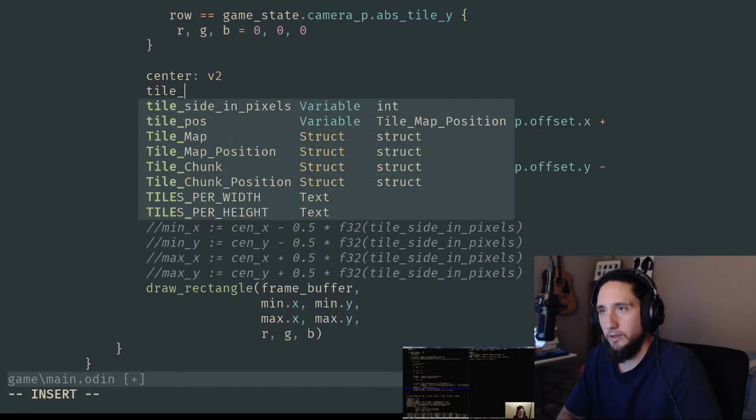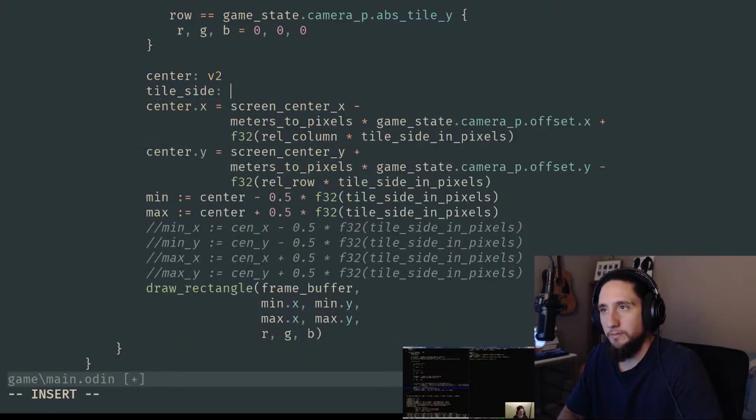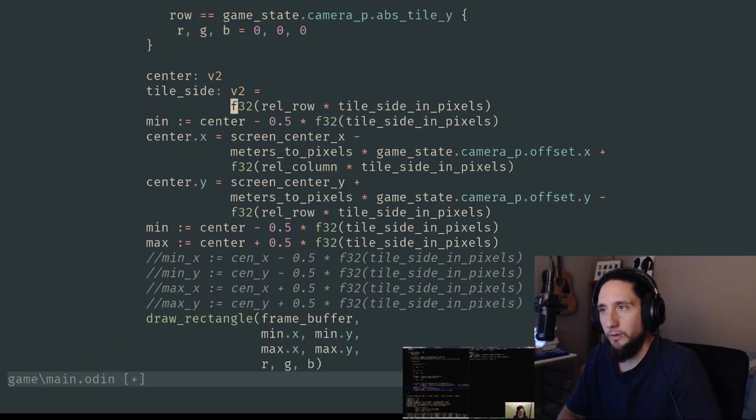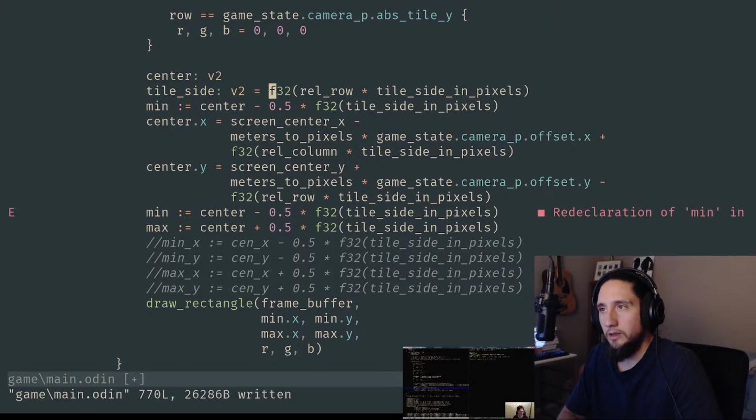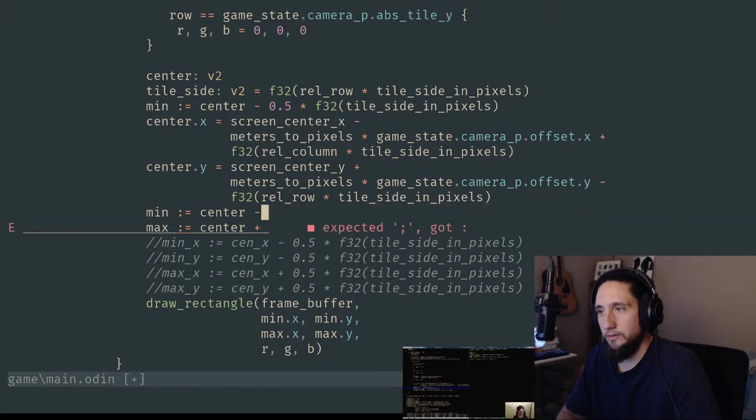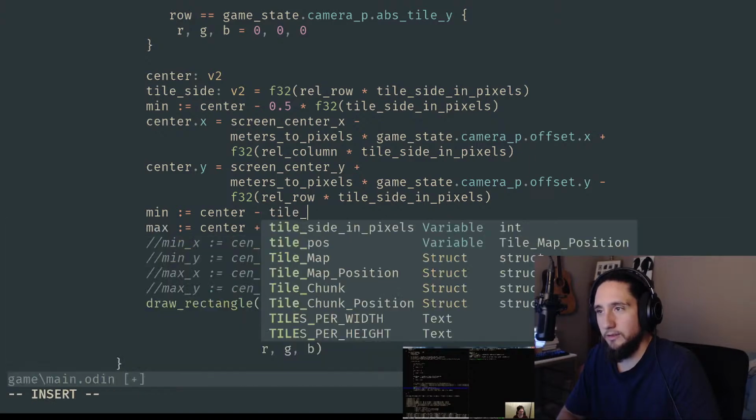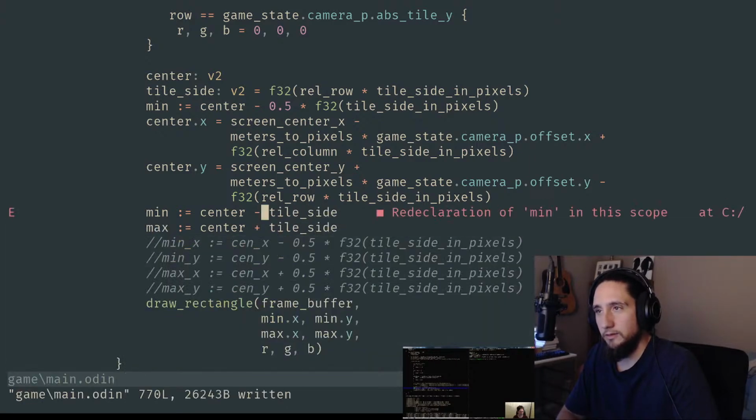Where I can splat that value into the vector 2, and that is looking much better. What's going on with this?